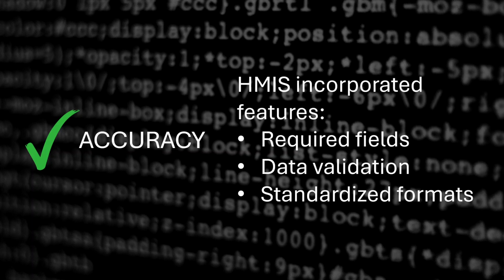We can get little error messages. And standardized formats promote consistency and reduce interpretation issues. All of this leads to cleaner, more reliable data, which is crucial for accurate reporting and informed decision making.